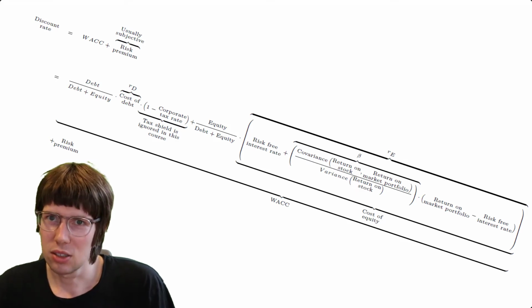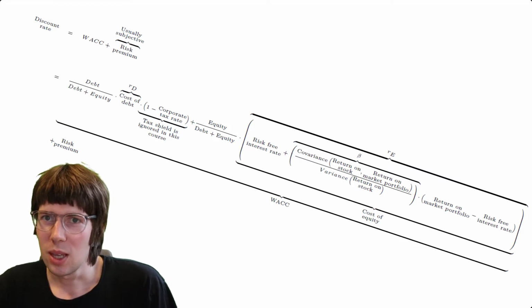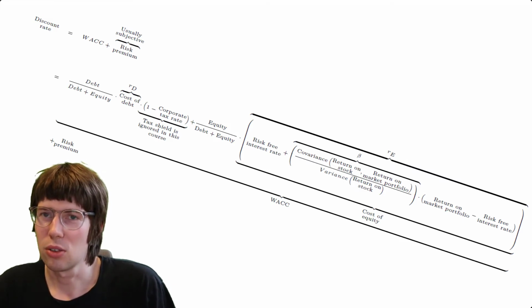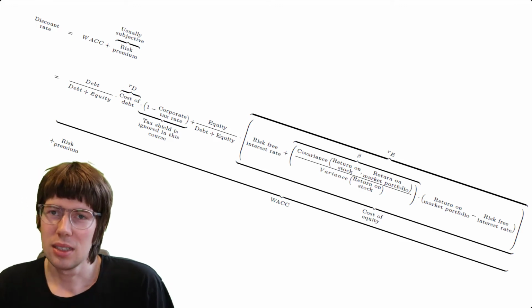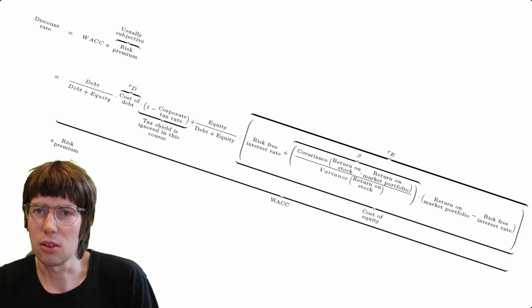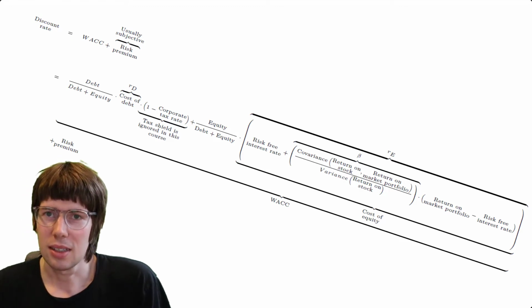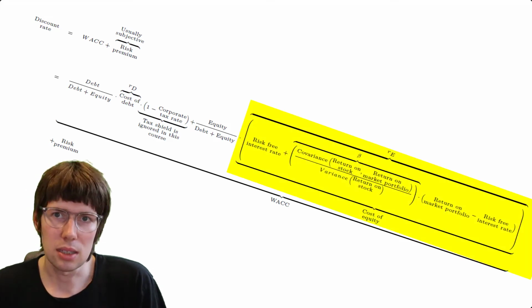So this is quickly going to get very complicated. The cost of debt is pretty simple to find, but the cost of equity is a lot more complicated. But the point of departure and the simplest model for finding the cost of equity is the capital asset pricing model, which looks like this.